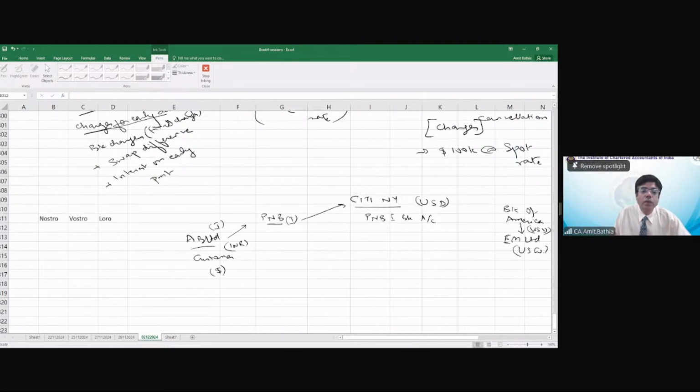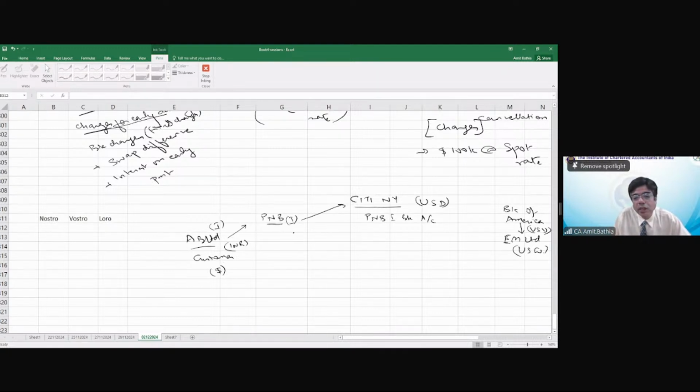So when AB Limited wants to pay EM Limited, it is going to issue instructions to its Punjab National Bank that at the prevailing rate, please transfer, say for example, $50,000 to EM Limited. Now, Punjab National Bank in India does not have a USD account.